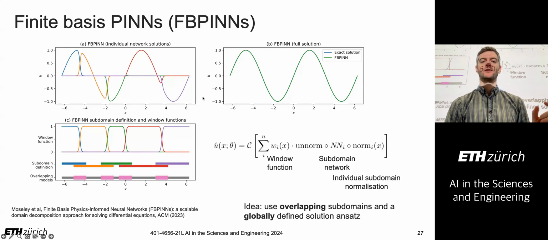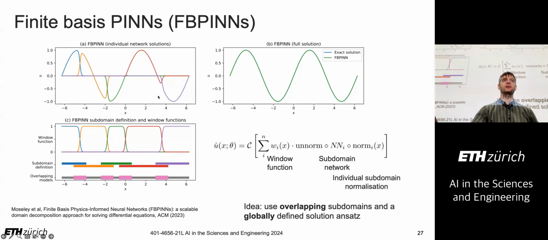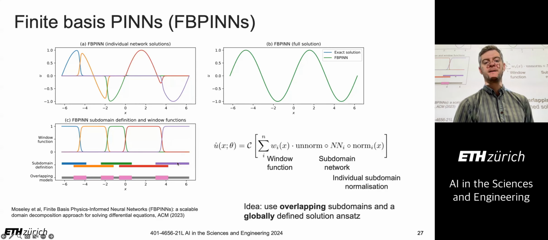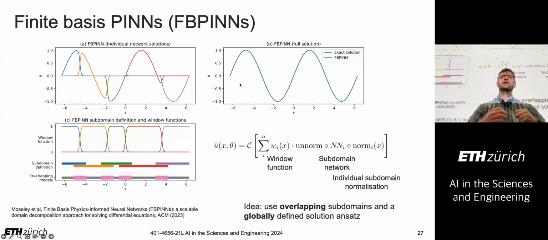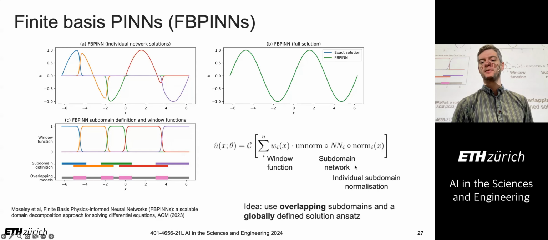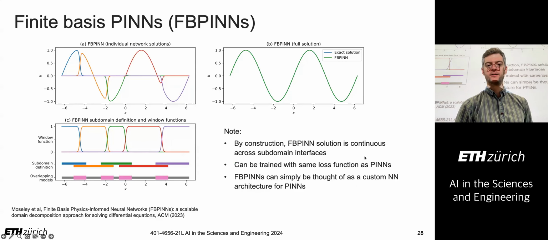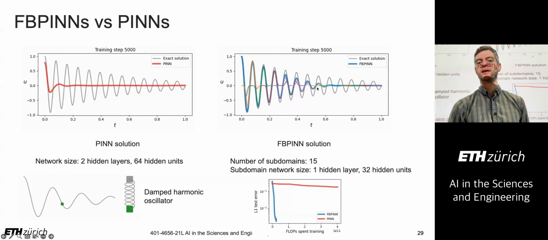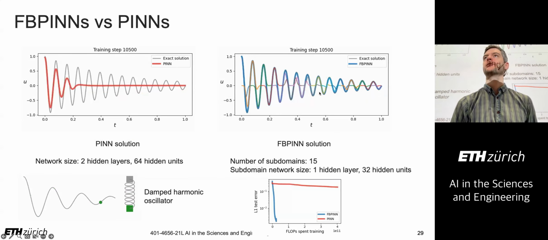What that does, if you think about modeling a very high frequency function, is that if we have a subdomain to learn one cycle of that function, when we normalize in the subdomain, we're stretching out that function into a low frequency function from the network's point of view. So this is a way to get around the spectral bias by normalizing the inputs to stretch out the frequency components. This is another reason why they train fast, and using that normalization is really important.